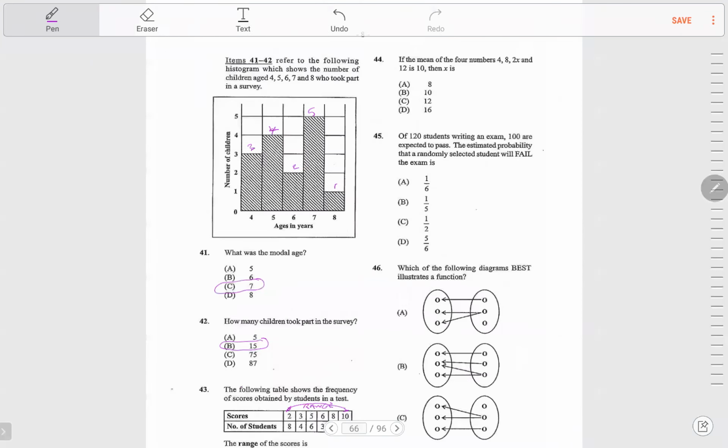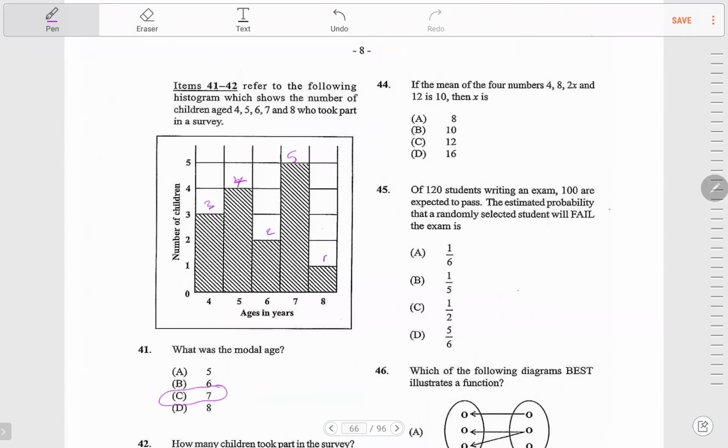Now, the mean of 4 numbers is 10. We didn't do this one. What is x? So let's set up an equation: 4 plus 8 plus 2x plus 12, over 4 numbers, equals 10. So this and this are 12, and this makes 12 more, that's 24 up there.